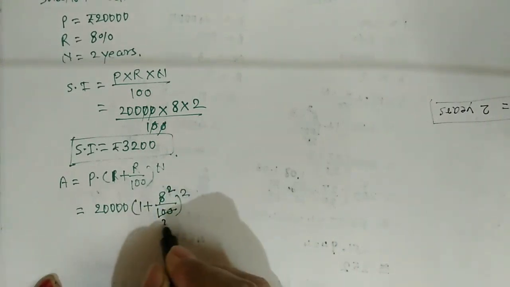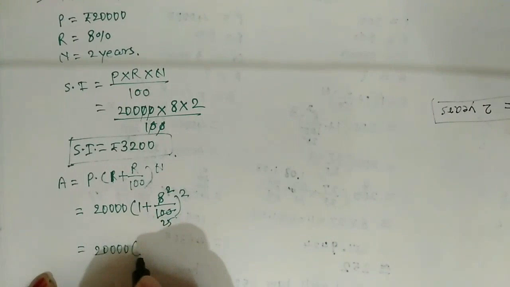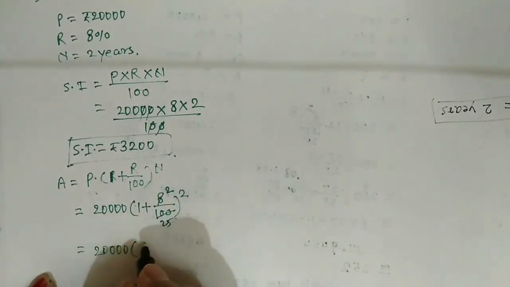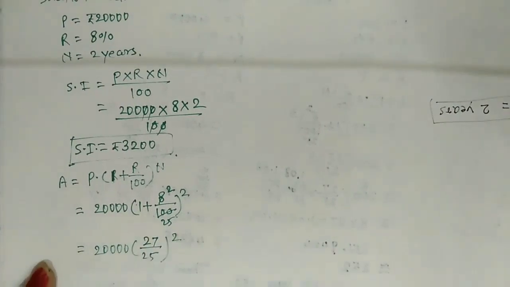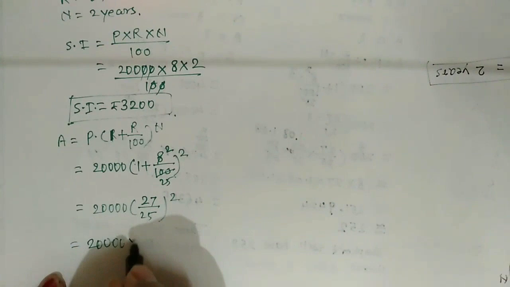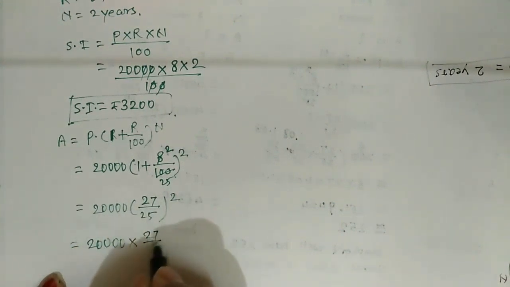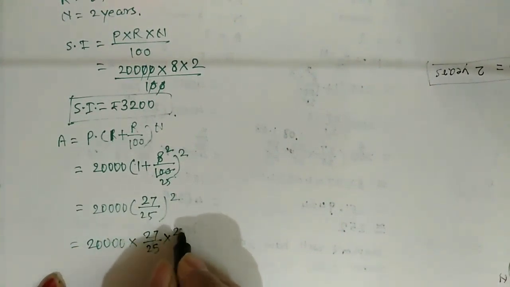So 4 twos are 8, 4 25s are 100. So 20,000 into (25 ones are 25, plus 2) 27 upon 25 square. So 20,000 multiplied by 27 upon 25 multiplied by 27 upon 25.